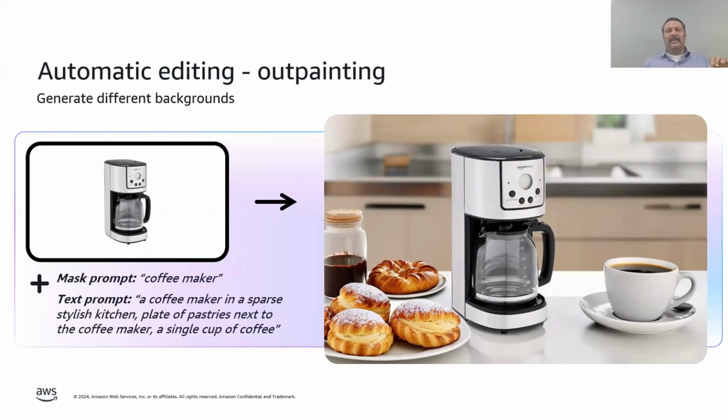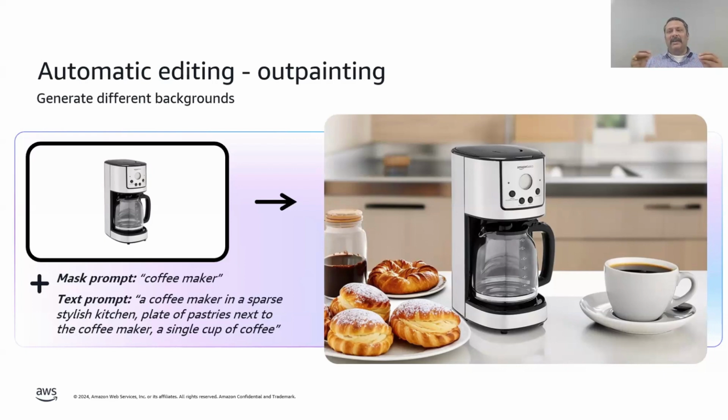But with the additional input prompt, the outpainting process has expanded the image, placing the coffee maker in a kitchen setting.